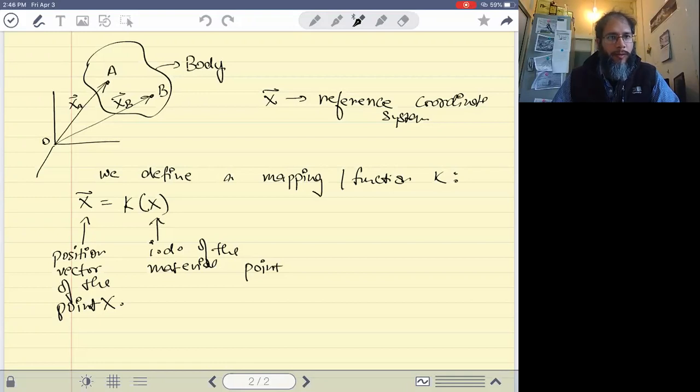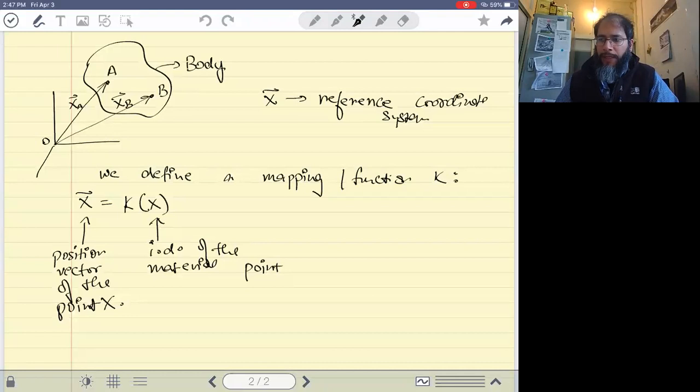As I change my configuration, that is, let's say you take the body and deform it, then the position that different points occupy in space will also change. These positions will then correspond to a new function, which we can call kappa 2. So we just have to understand the idea here: the kappa function helps us define a configuration of the body.